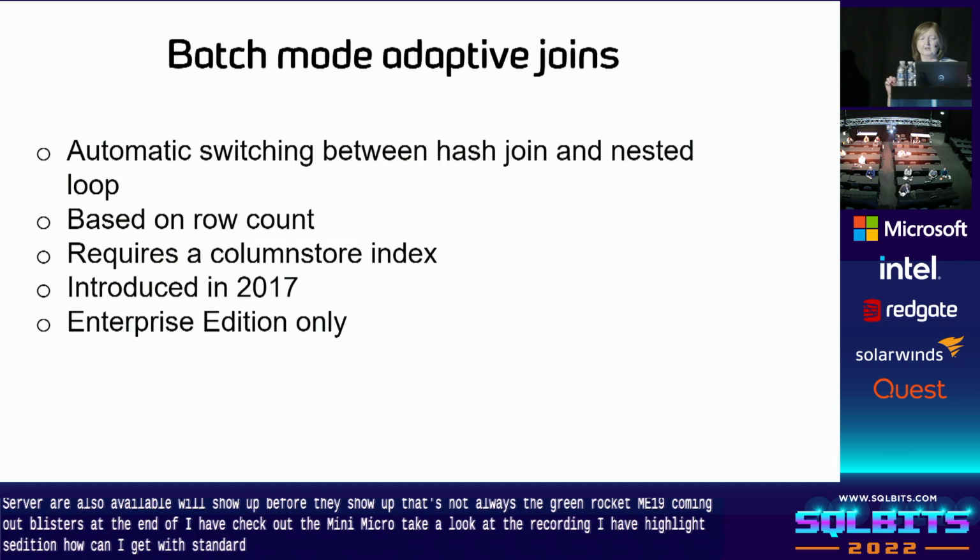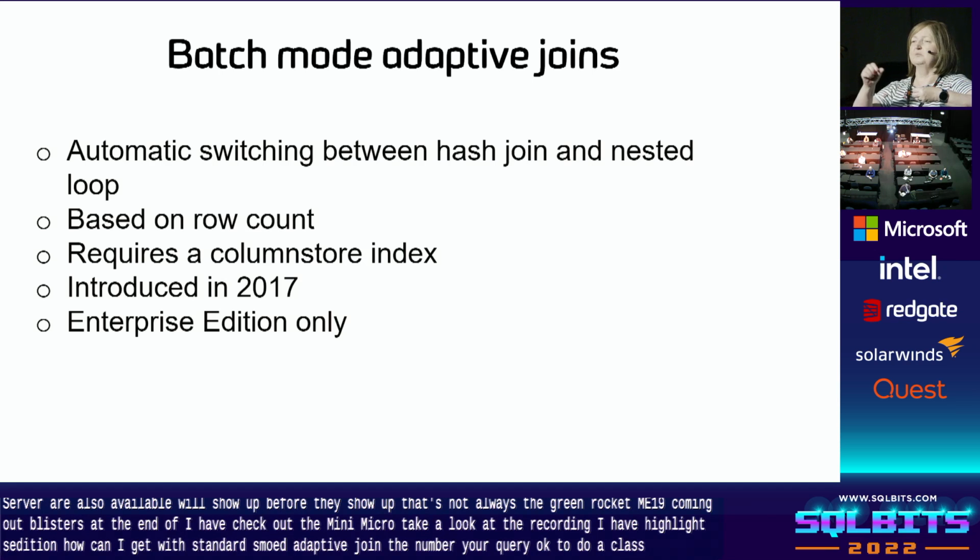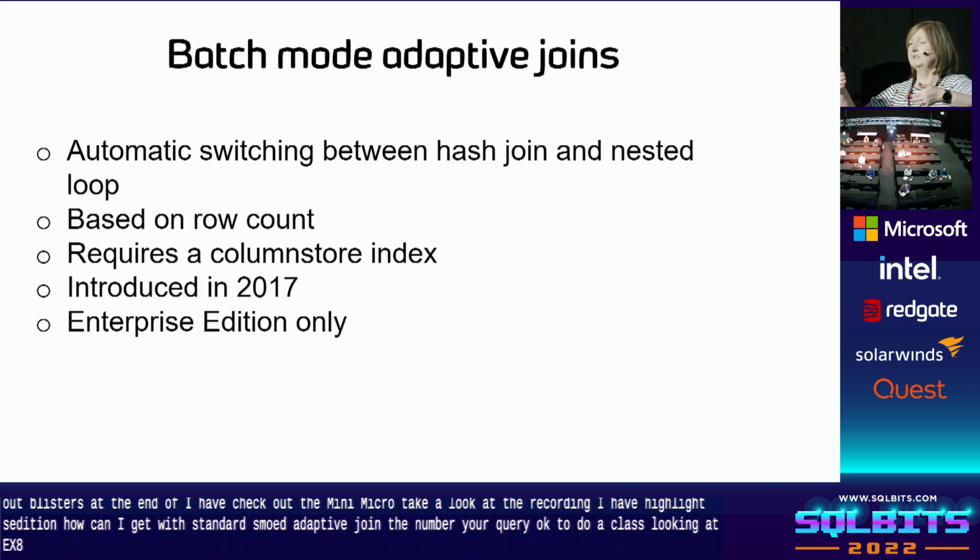All right, so let's talk about the first one, batch mode adaptive joins. What this particular feature does is look at the number of rows coming through your query. Sometimes it's better to do a clustered index scan and a hash match. I'm talking about looking at the execution plan.